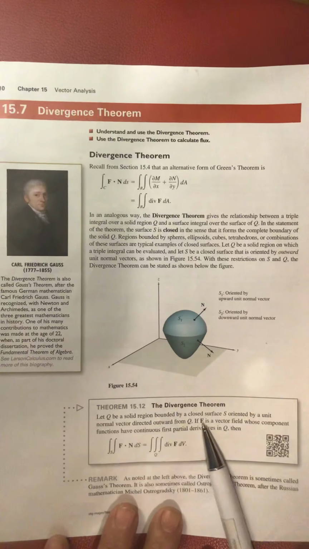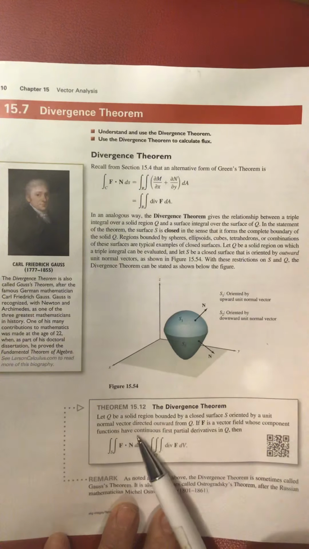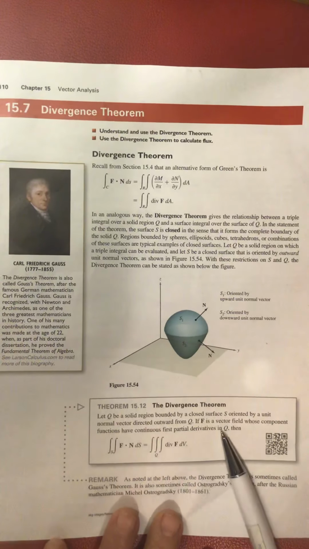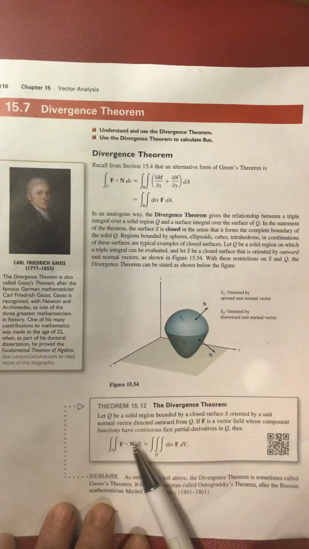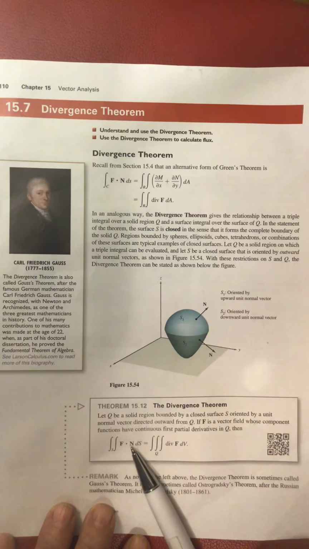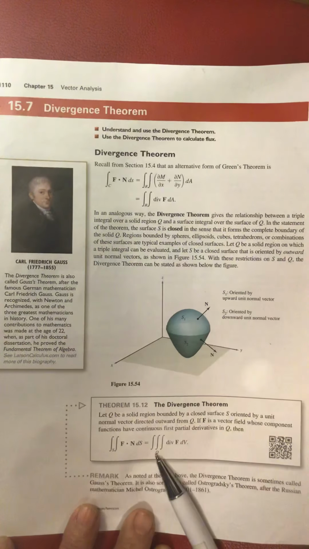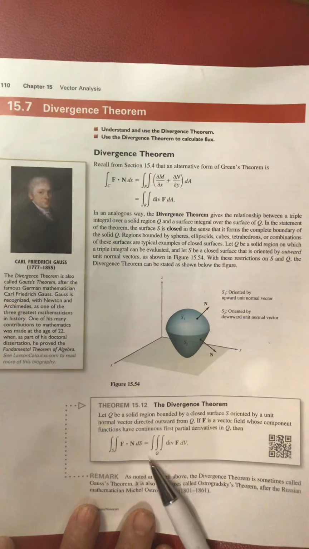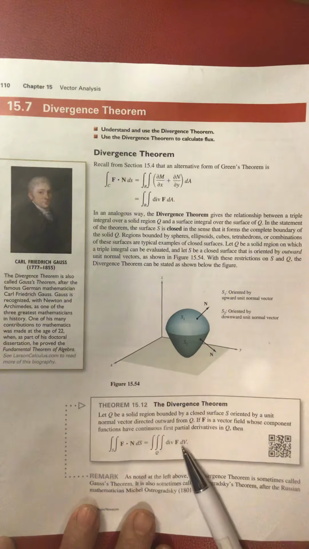If F is a vector field, back to the first section, whose component functions have continuous first partial derivatives, you can take the partial derivative. Then flux, the integral of the vector field dot product with the normal unit vector, dS, can be evaluated by the triple integral over the three-dimensional region of the divergence of F dV.